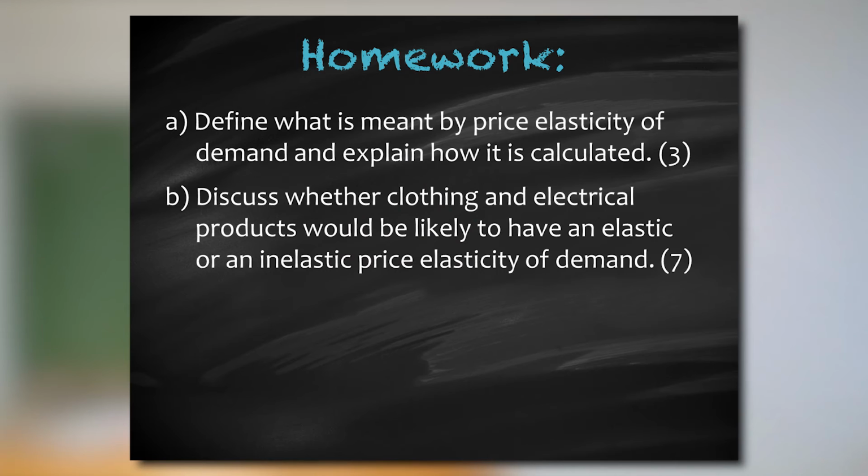Okay, and then if you talk about electrical products. For me, for example, a kettle that boils my water is an inferior good. I know I can go without it, but for me, in my income group and in my lifestyle, that is an inferior good.